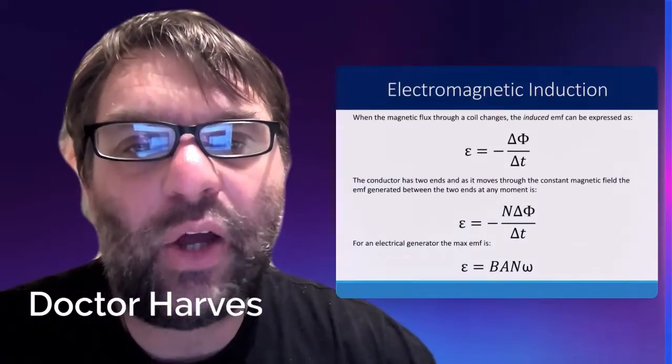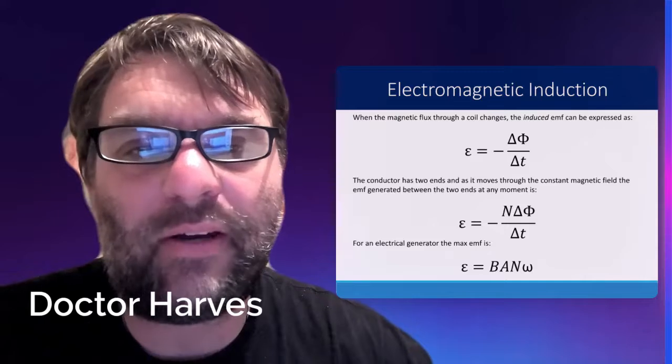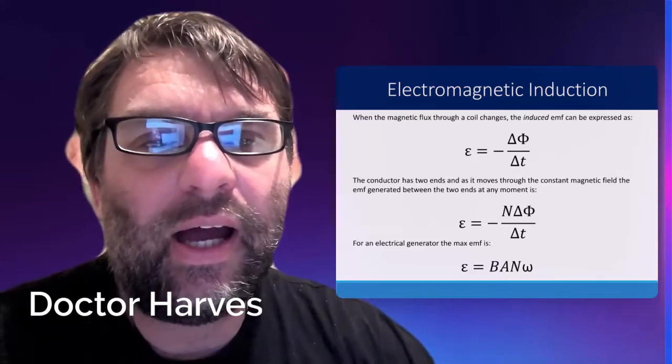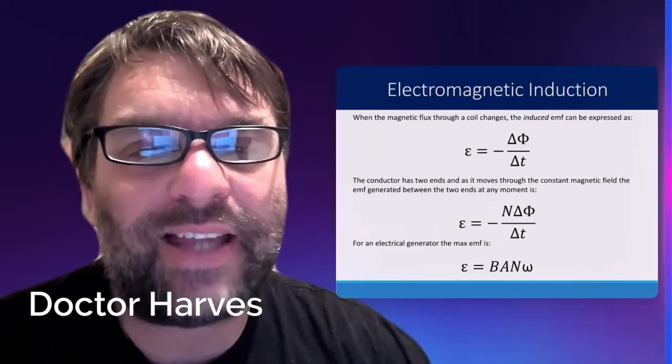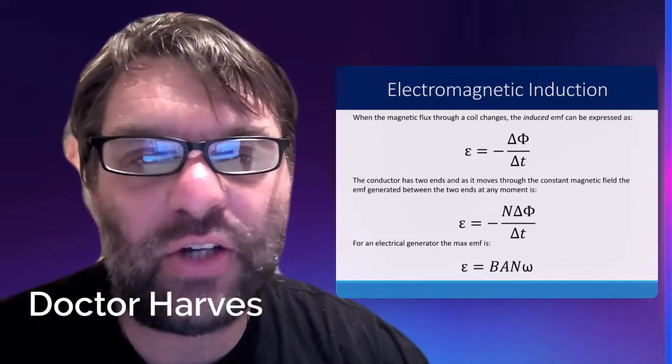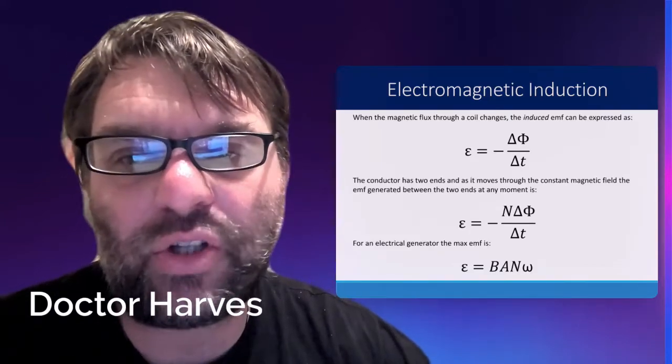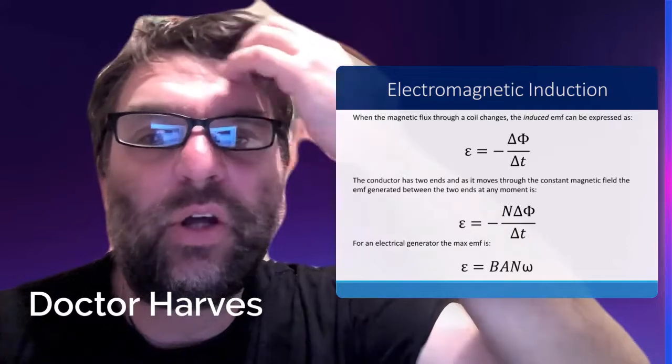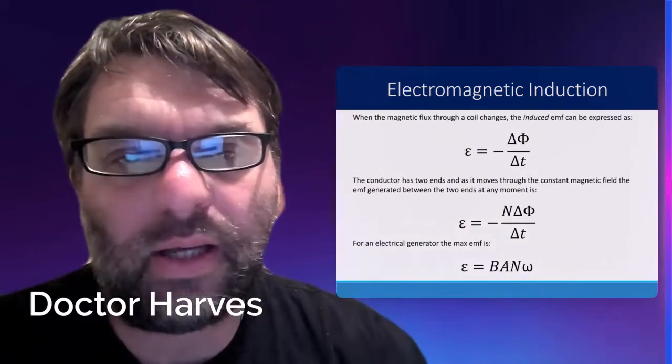What does this mean? It means that for a change in magnetic field, the magnetic flux, an induced EMF can be expressed thus: a change in flux over the change in time. It's negative this time because it's induced. It's known as a back EMF, and we'll look at that more in the next lesson.